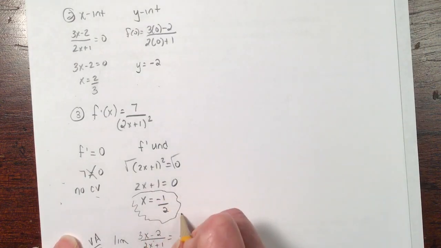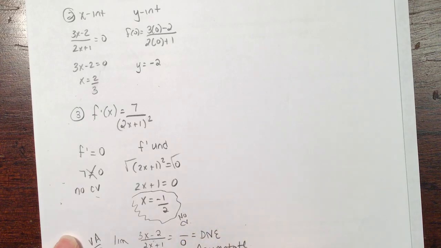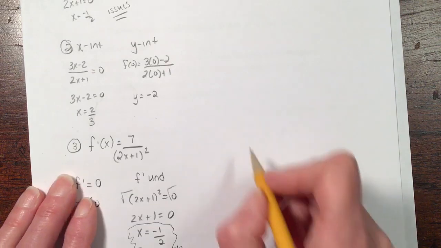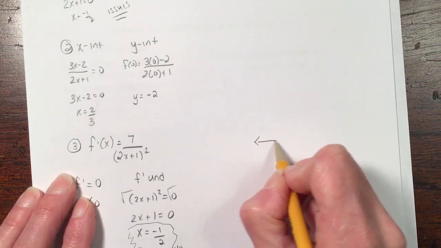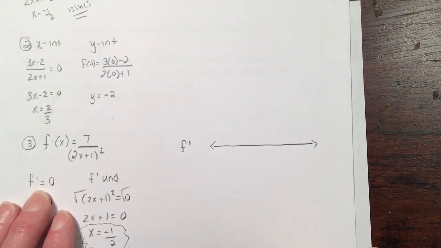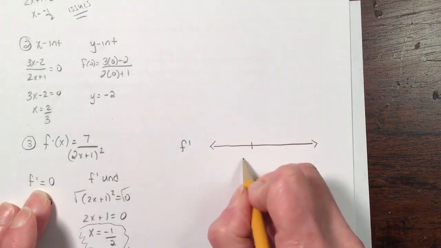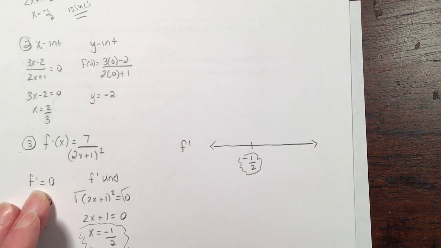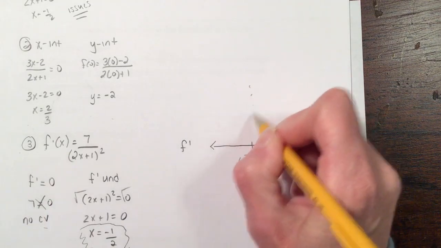Okay. So now we have this number, negative 1/2. Technically, it's not a critical value. But remember, it's important when we're graphing our function. So we're going to make our number line and put negative 1/2 on. I usually use a squiggly line because I want to remember there's something going on here.